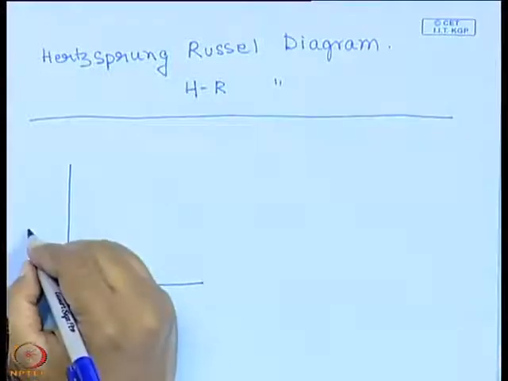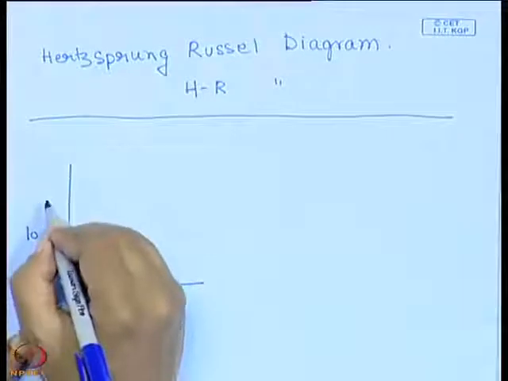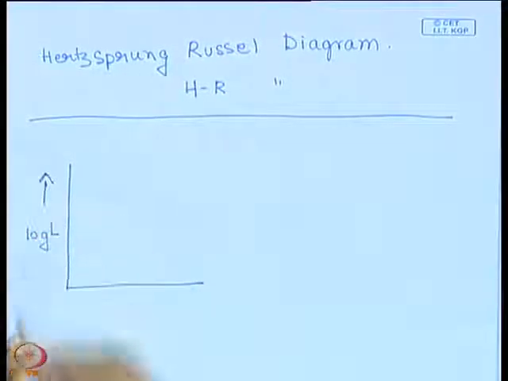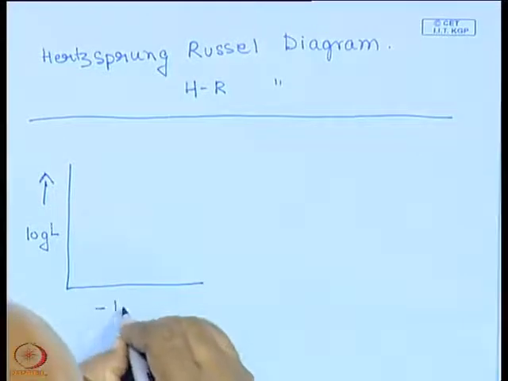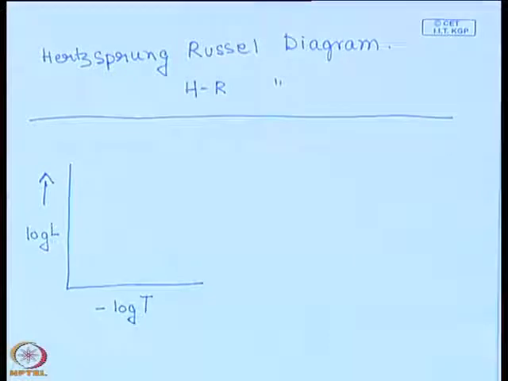You plot log of the luminosity, increasing this way, versus minus log temperature. So, the temperature decreases in this direction, it increases this way.